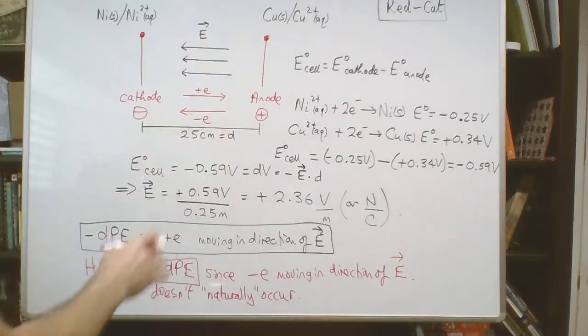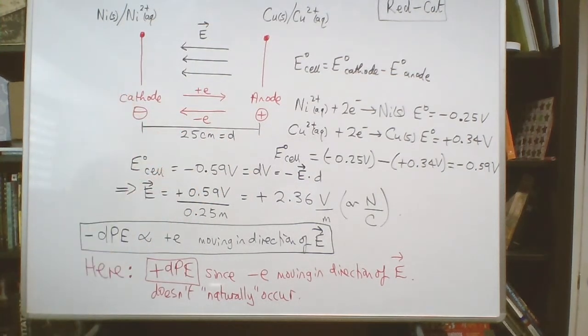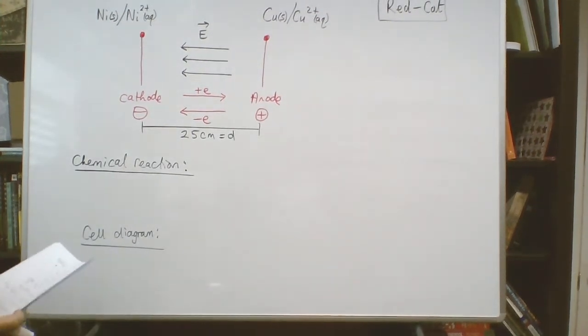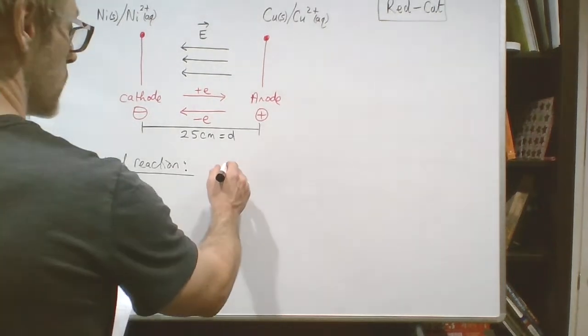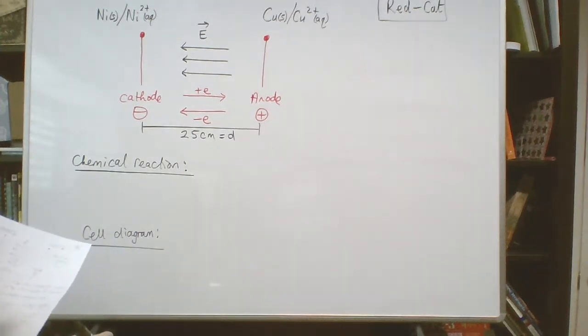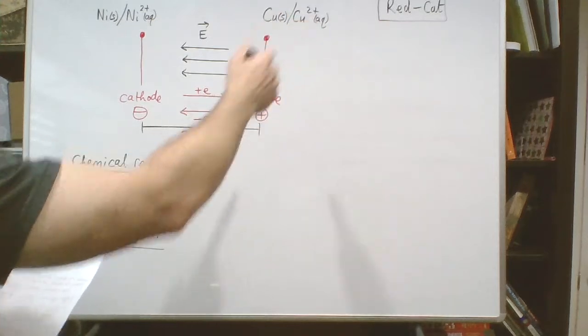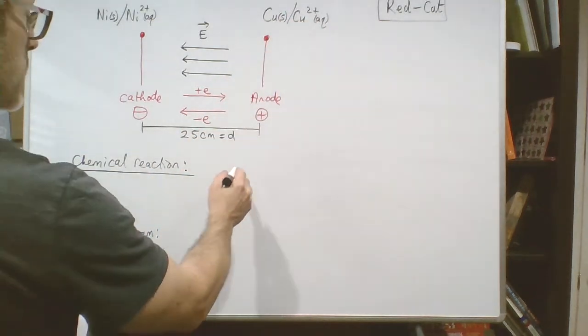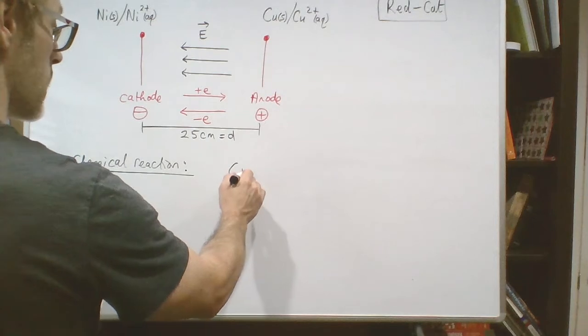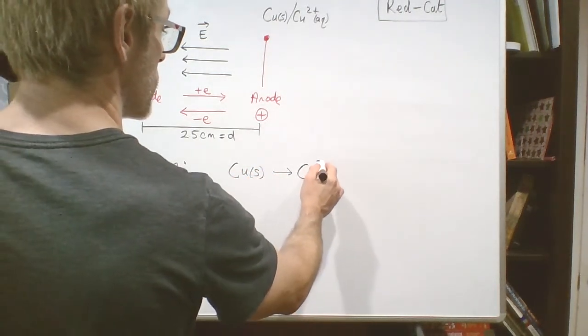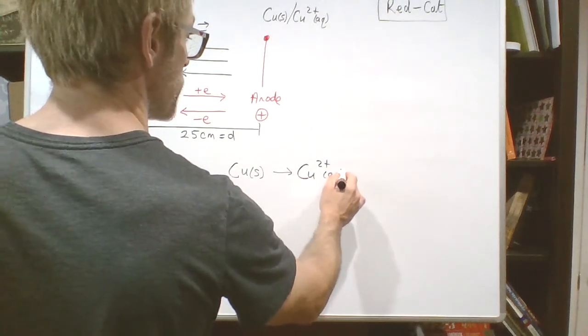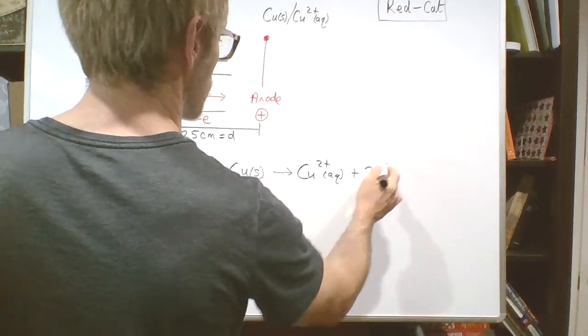Last thing we need to do is clear the board, and we'll just summarize the chemical reactions in the cell diagram. Okay, so the chemical reaction going on in this particular cell: copper was being oxidized because copper is at the anode, and the anode is the site of oxidation. So we have copper solid becoming copper 2+ aqueous and 2 electrons.